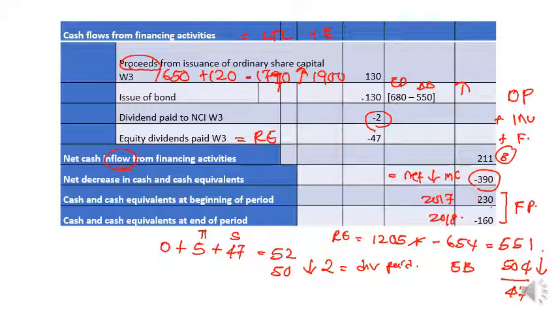This amount should be the same as reported in your statement of financial position. The beginning balance here is in the year 2017, and the ending balance is in the year 2018. Okay, so we're done with question 1.